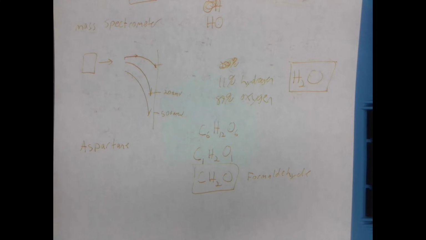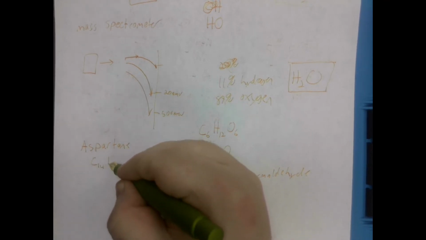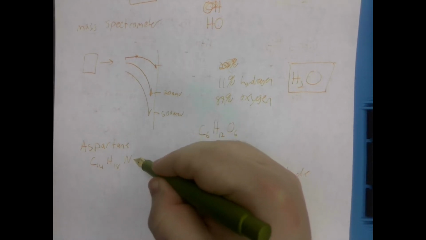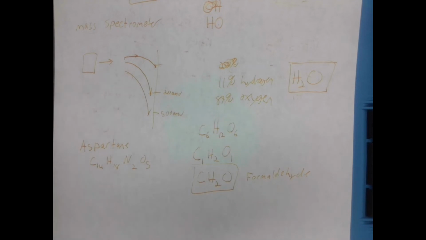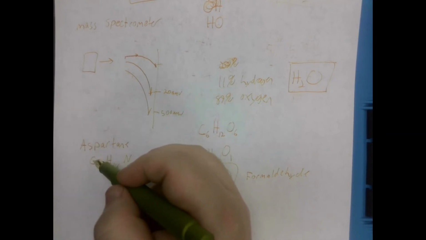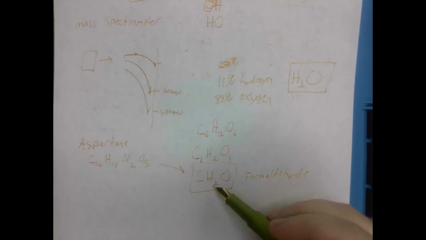Its formula is C14H18N2O5. I don't know how we get from this to this. All I know is that after a few months of sitting in hot conditions, such as your car, this chemical will break down into formaldehyde.